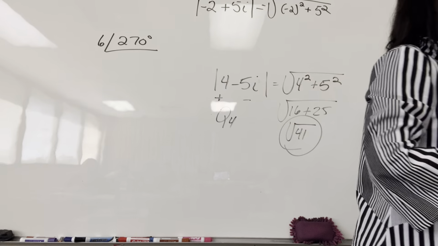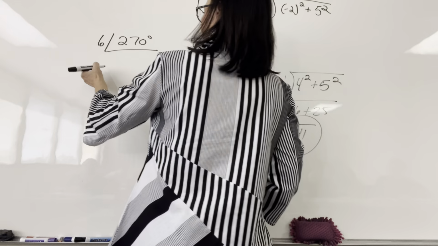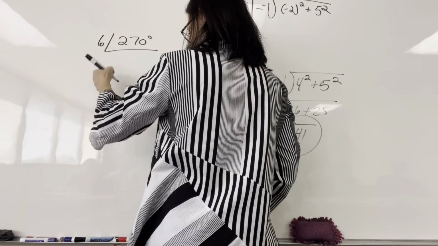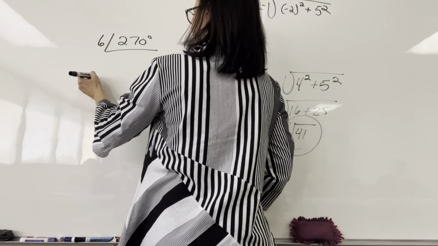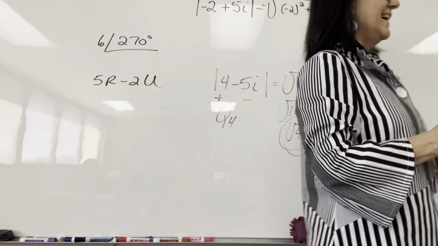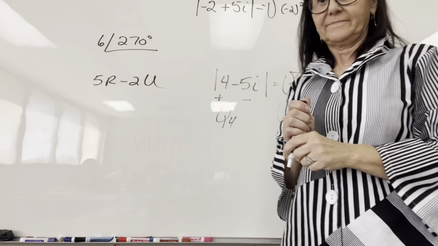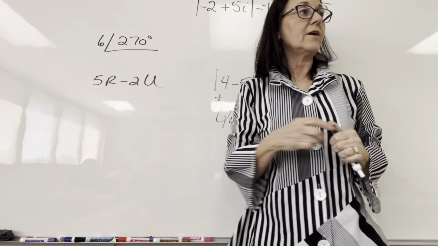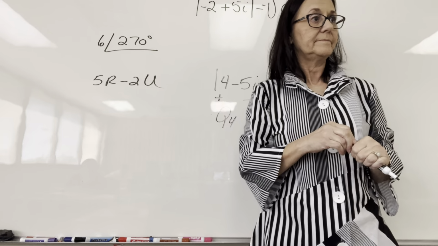Do you remember that? Or we did 5r minus 2u. And this just gave us our x and our y coordinate. Do you remember that?